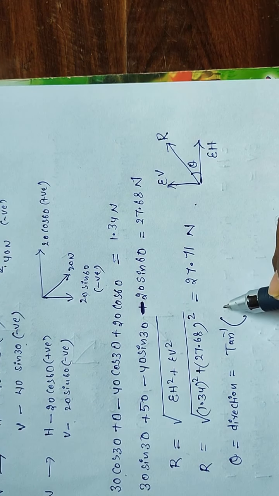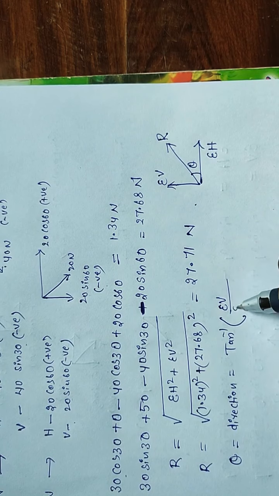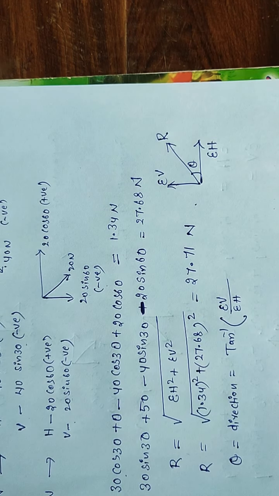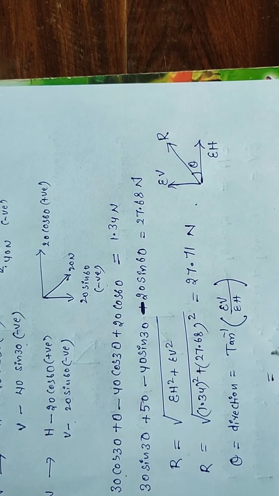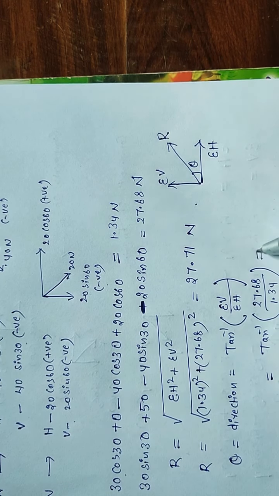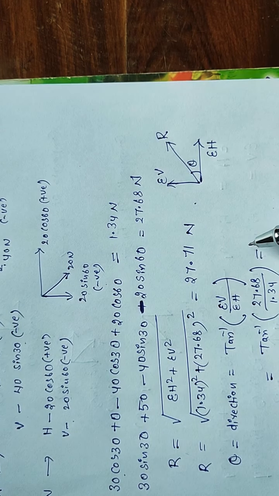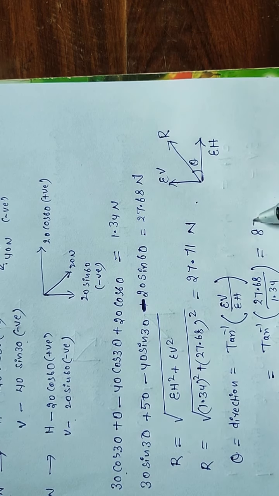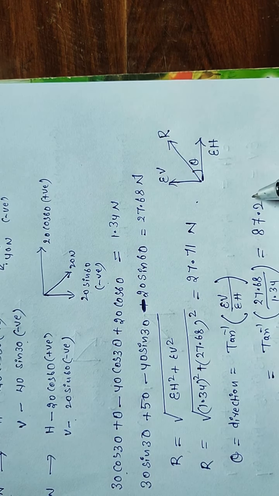Tan inverse of sigma V by sigma H, tan inverse of 27.68 by 1.34 equal to 87.2 degrees.